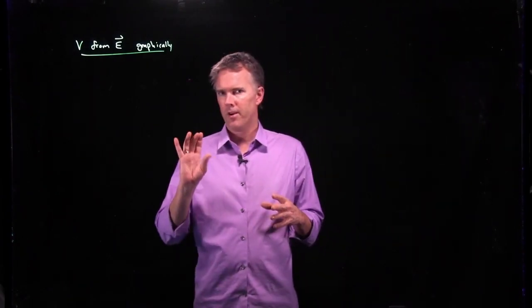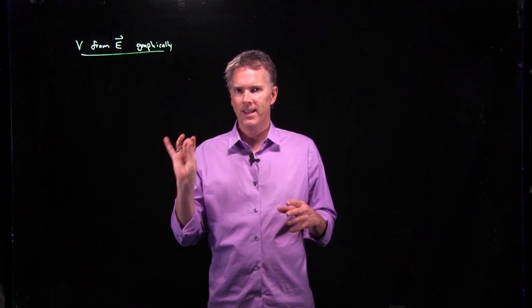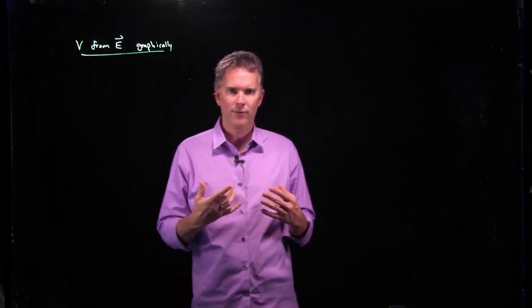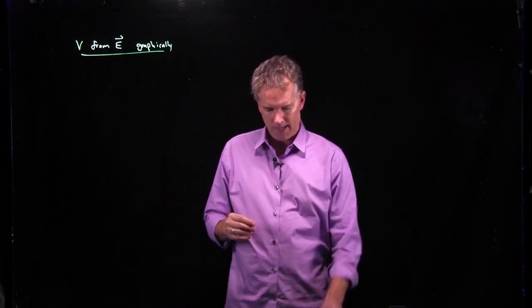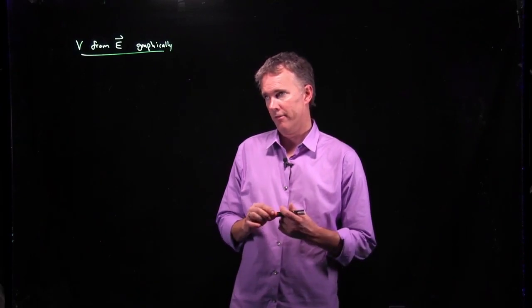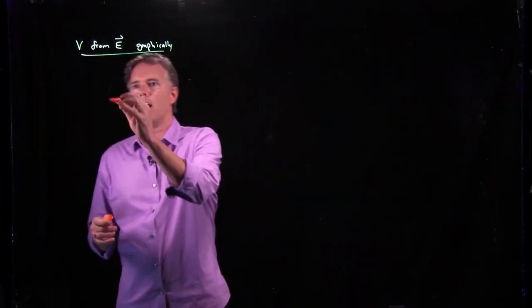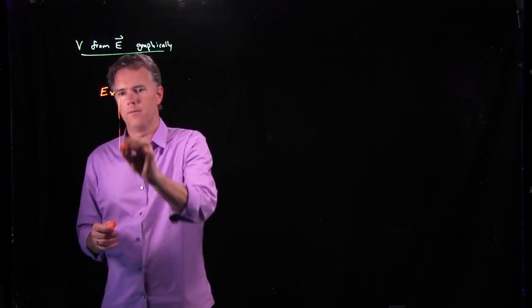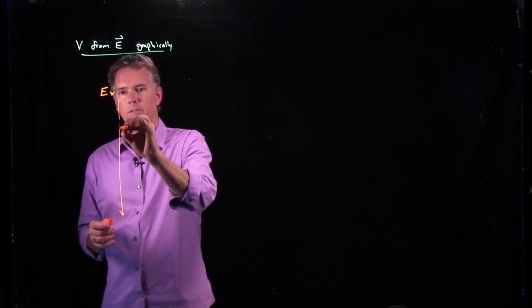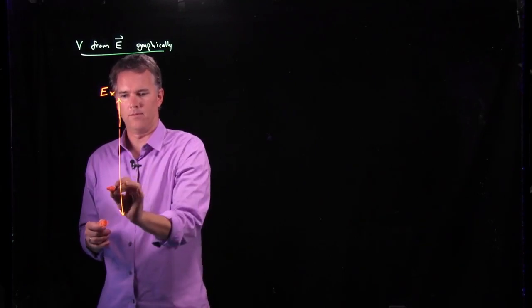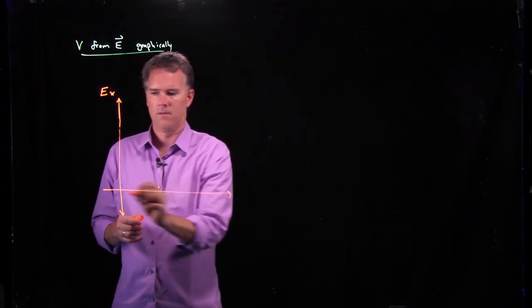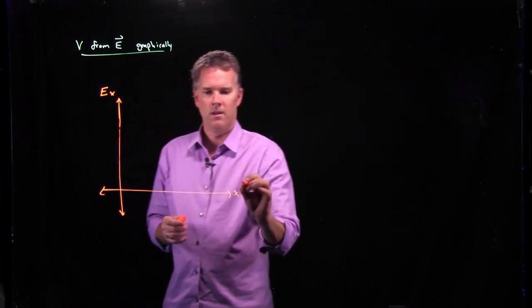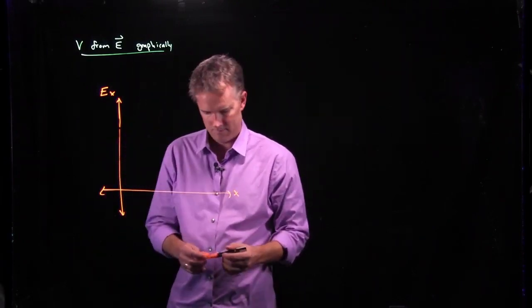Let's say we're trying to figure out what V is if we're given E, and we want to have a graphical interpretation of this. Okay, let's pretend that we have the following. Let's say that our electric field, which is in the x direction, as a function of x, looks like this.